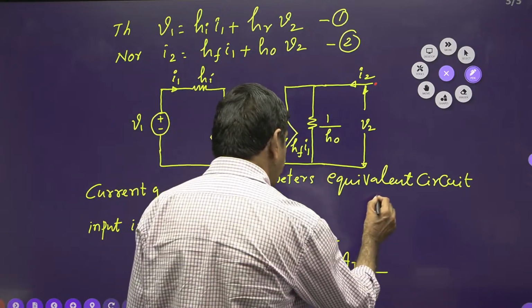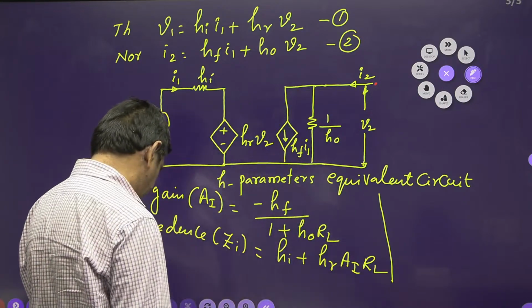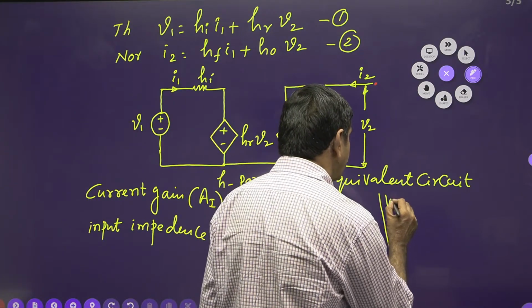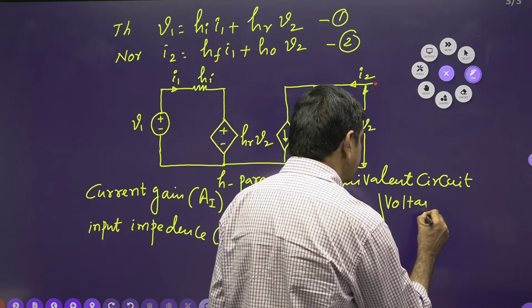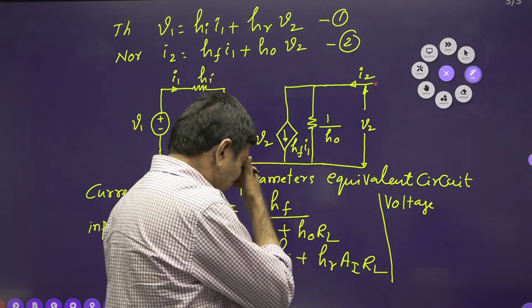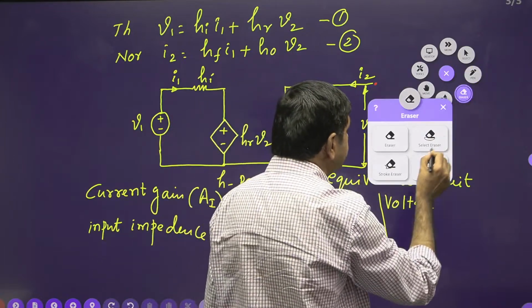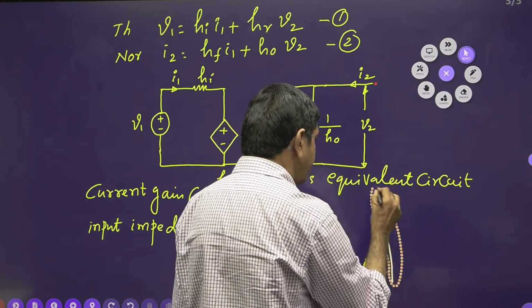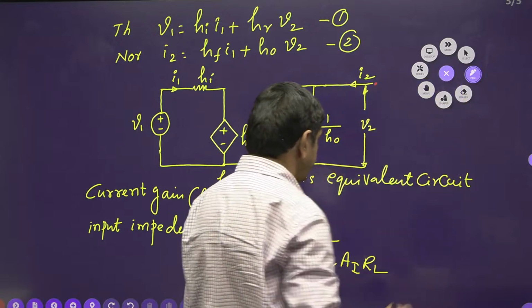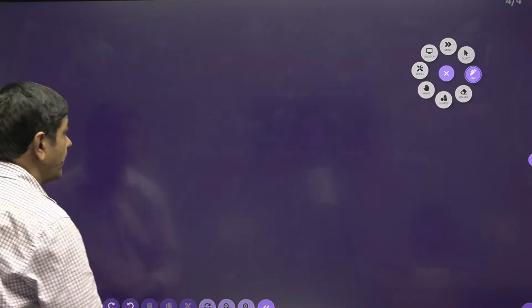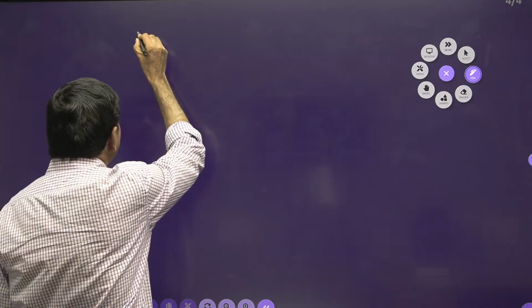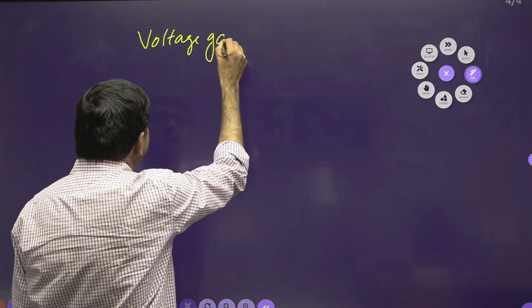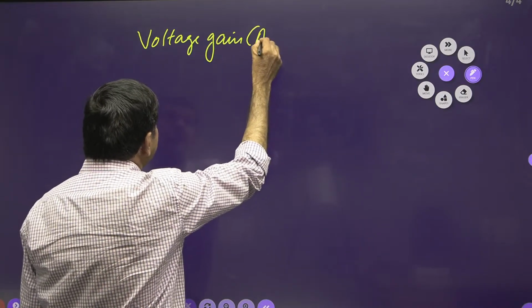But in case you are asked to find the voltage gain, you must use this formula. Voltage gain is given the symbol AV.